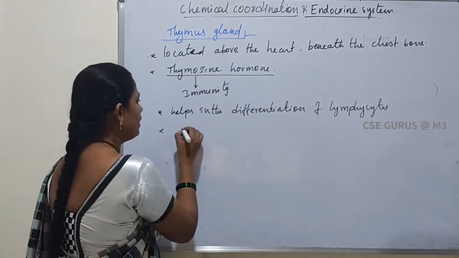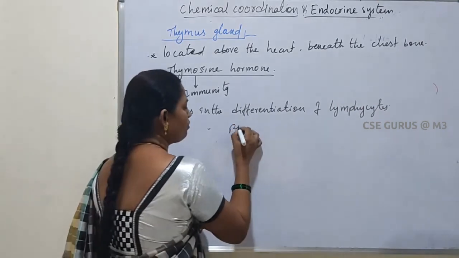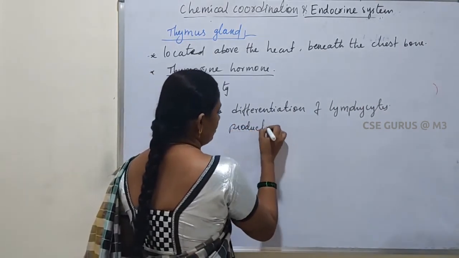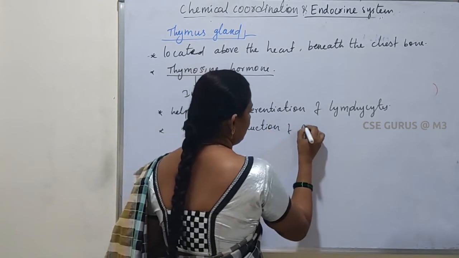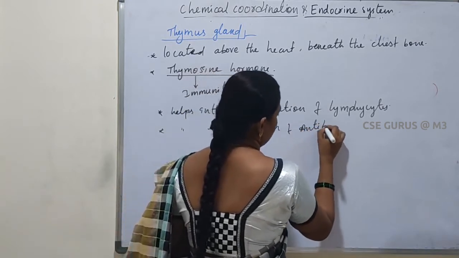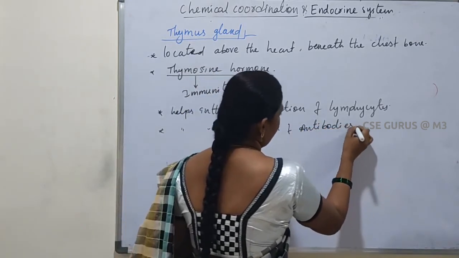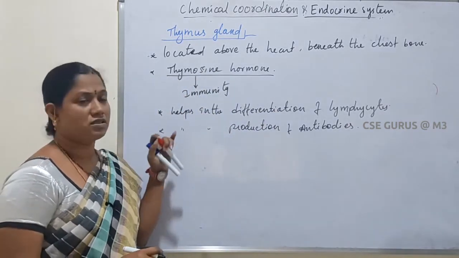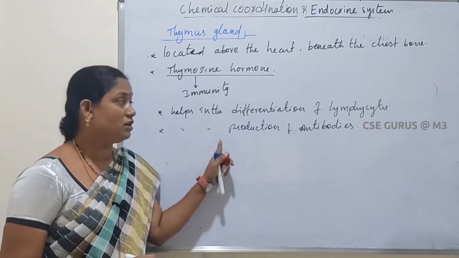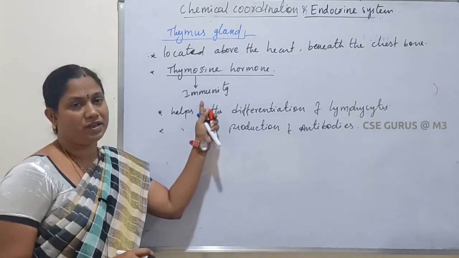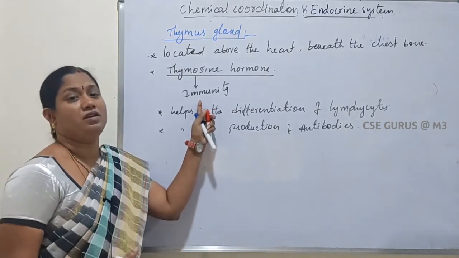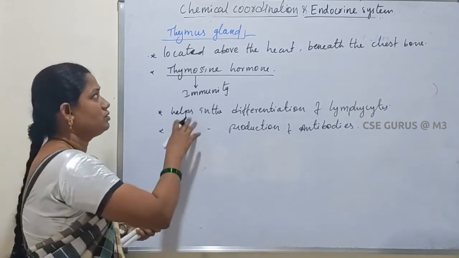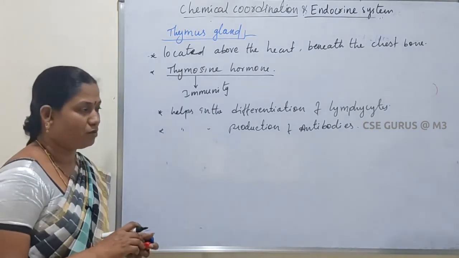Next, it also helps in the production of antibodies. So this thymosin hormone helps in the immunity power. It helps in the production of immunity. Okay, so this is about thymosin hormone.